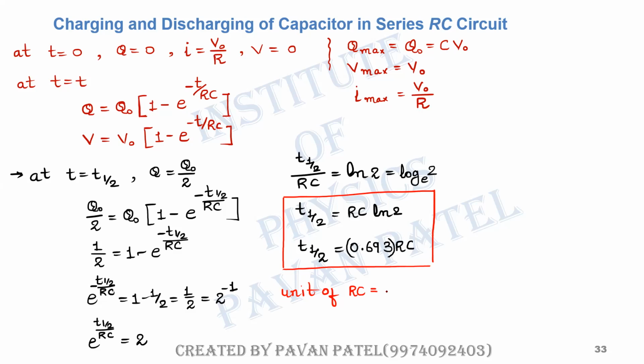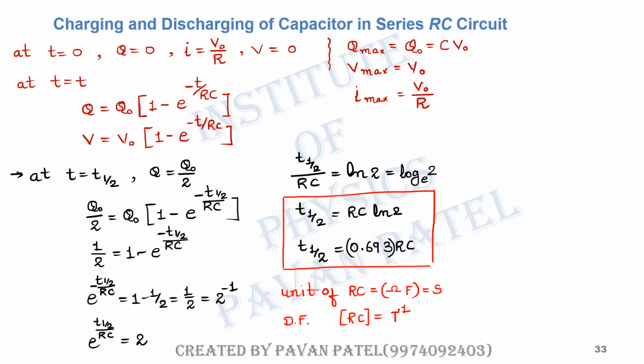So ohm into farad is equal to the unit of time, second. And the dimension formula of RC is M0 L0 T1. So please remember this.